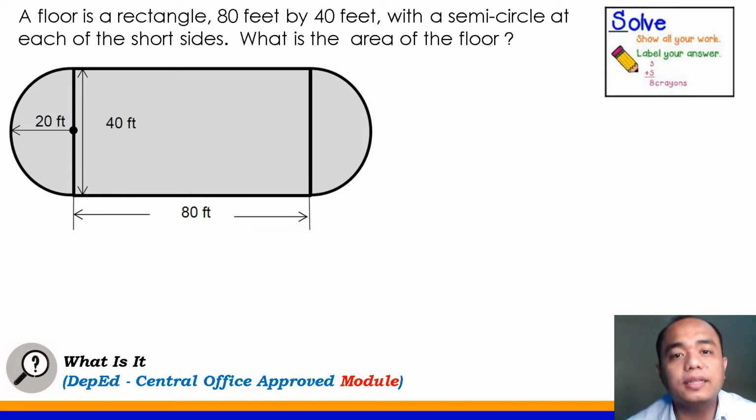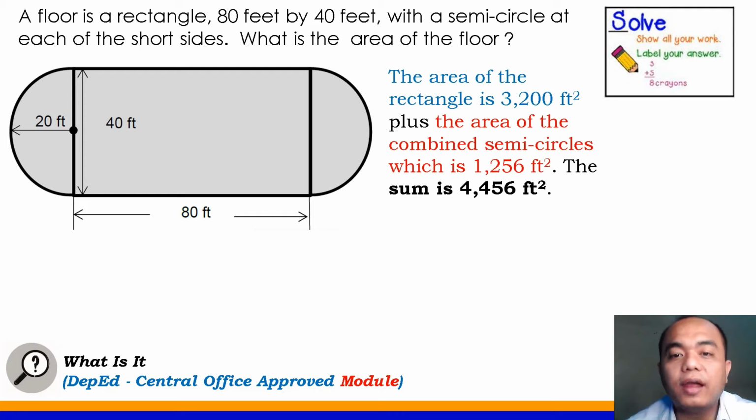Now, ano nang gagawin natin, class, para ma-solve yung area ng floor? Is our figure here overlapping or connected lang yung bawat figure natin? Yes, connected lang sila, di ba? So, hindi sila nag-o-overlap. So, ang ibig sabihin, mag-a-add tayo para malaman yung total area ng floor. Sige.